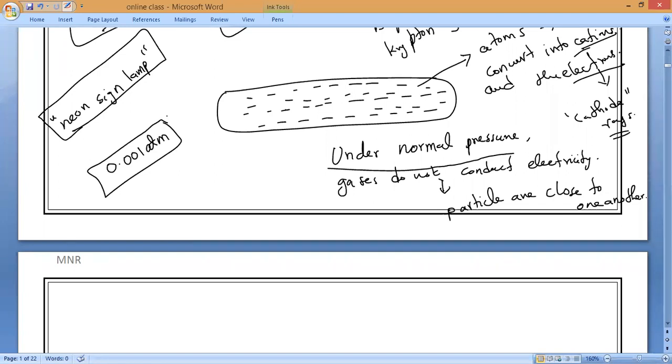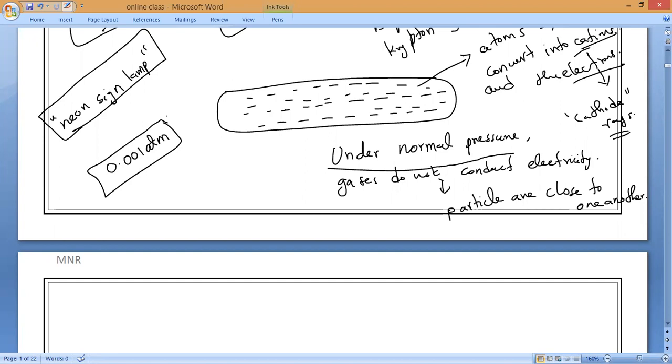Only then is it possible to produce ions, that is, cations and electrons. Otherwise the particles are too close and will never turn into ions. Is it clear?